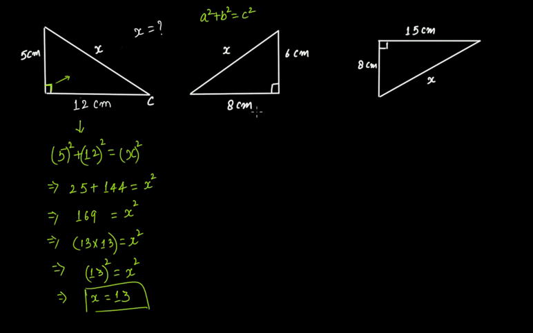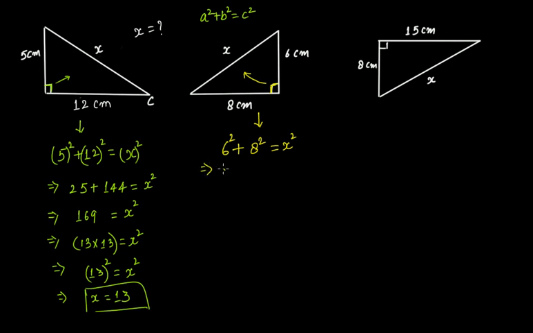Now, in this case, this is a right angle triangle. The opposite side to this right angle is this one. This is hypotenuse, therefore hypotenuse here is x. Again, a square plus b square is equal to c square. C will be again x here. So let's do it. This is 6 square plus 8 square is equal to x square, because this is a right angle triangle. This is Pythagoras property.